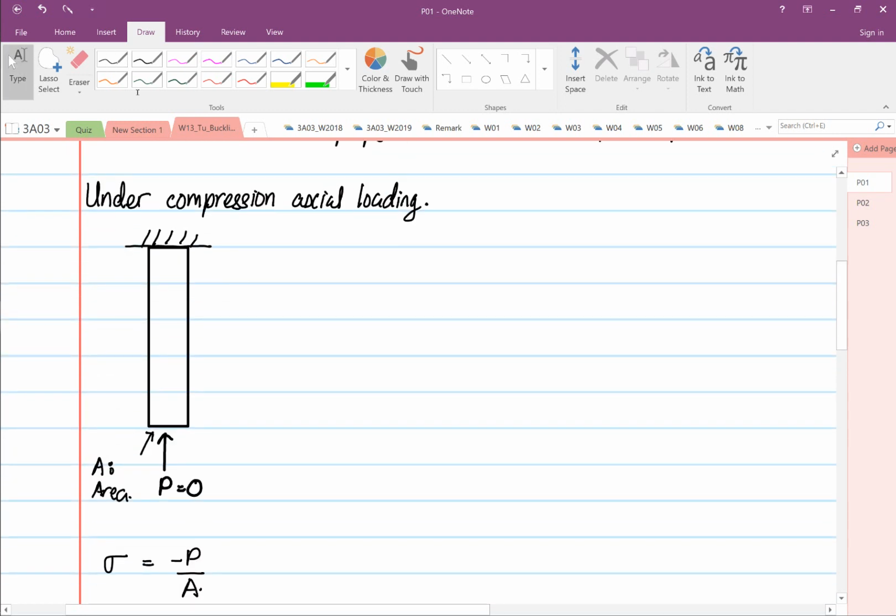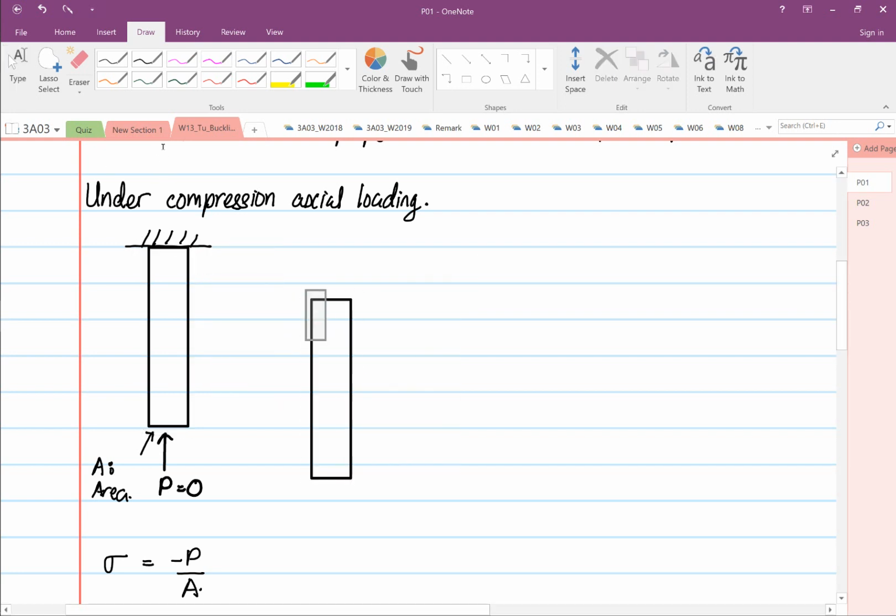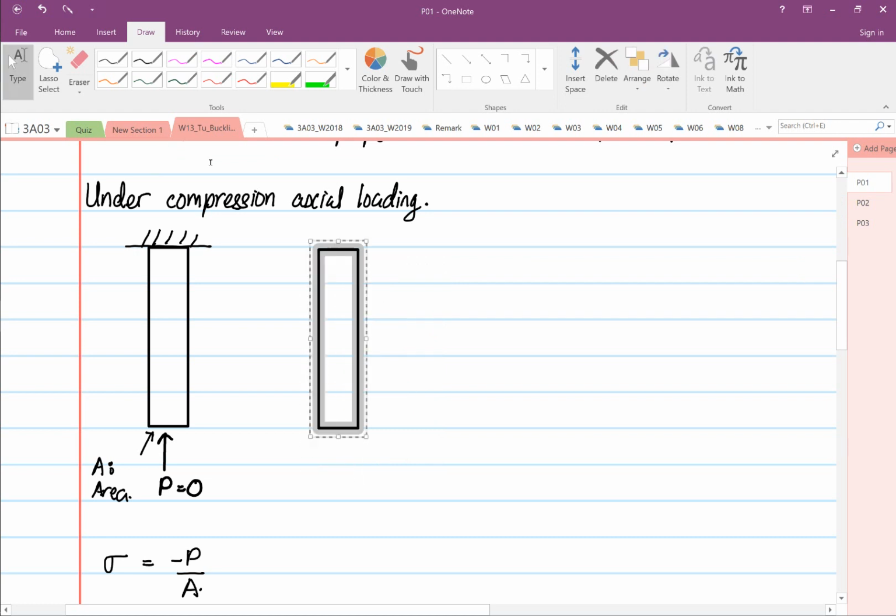And then with the structure being compressed, the structure is now under a certain load. On top is locked in, and then it has been compressed. Now P is no more equal to 0.